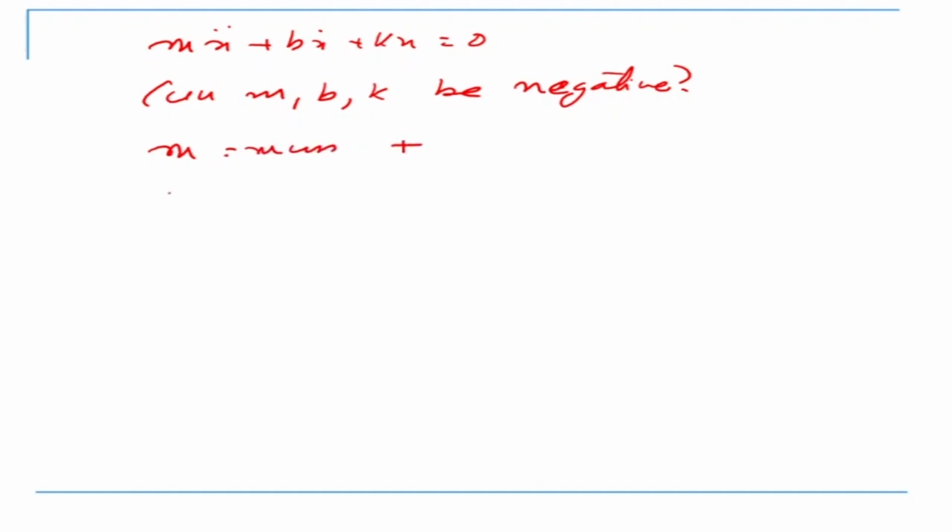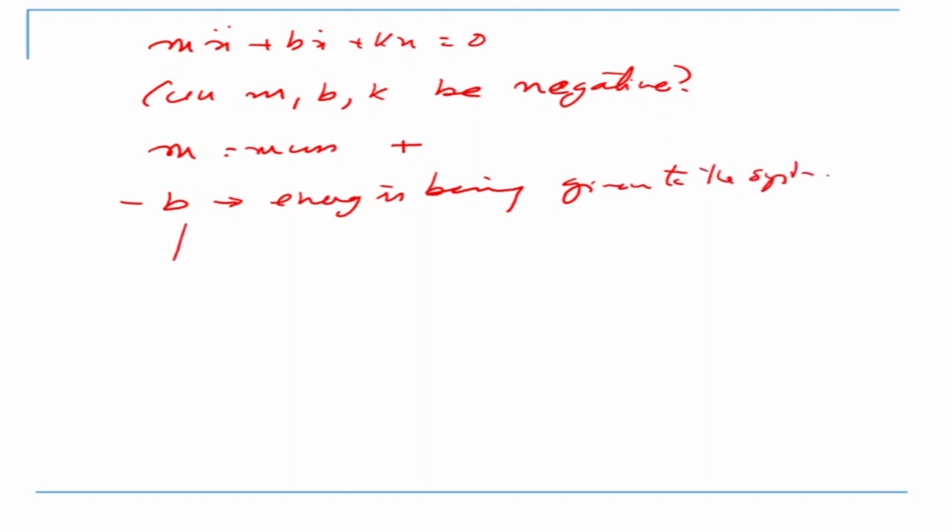Now what about b? What is b? B is damping. So minus b means energy is being given to the system. Plus b means friction, and friction takes away energy. So friction is basically taking away the energy that is being given to the system.